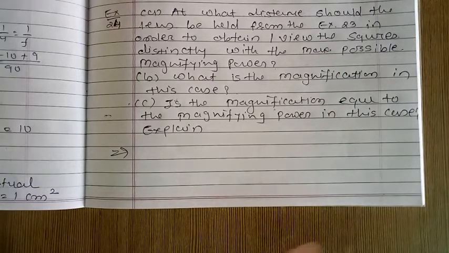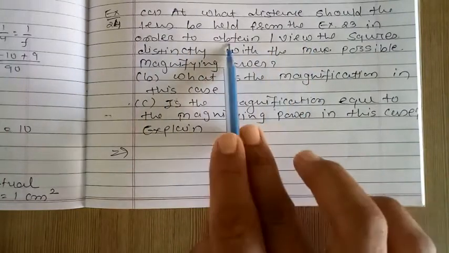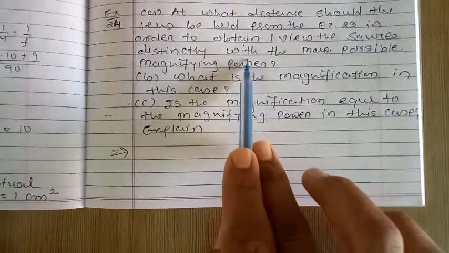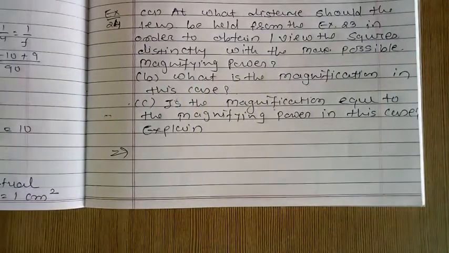Now in order to view the square distinctly with the maximum possible magnifying power, you have to remember these things: when the image is obtained at the near point, then the magnifying power becomes maximum, right?